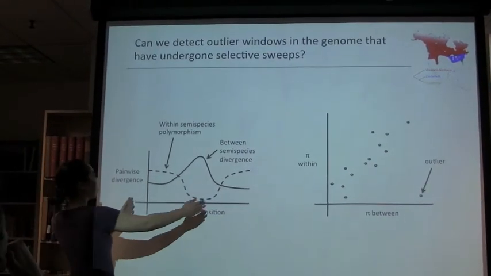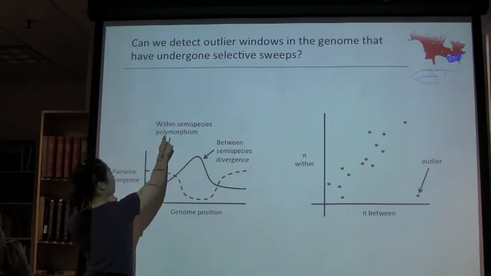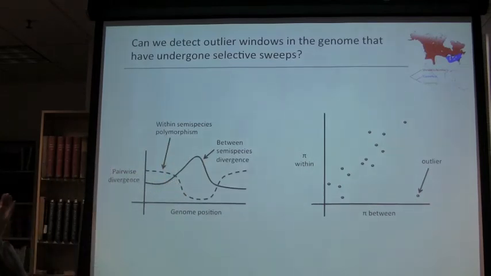You can get an average value for each of these things in each window, and then plot them in a scatter plot. And then you would see some sort of correlation, but an outlier, a window that maybe has undergone a selective sweep, would be an outlier in this plot, with very low within semi-species polymorphism, but high between.